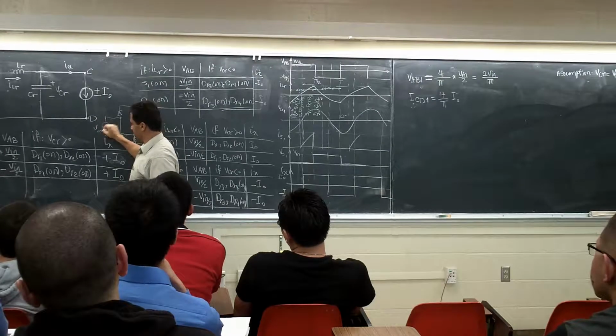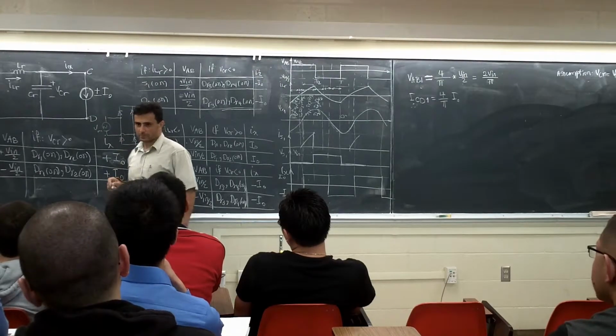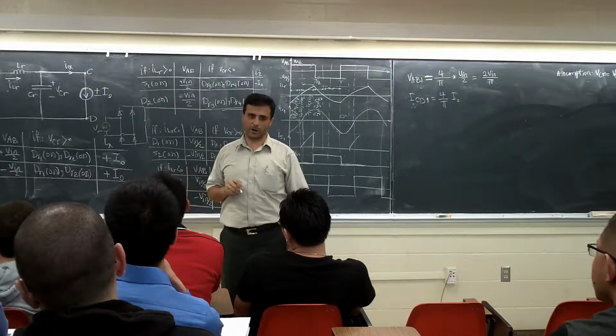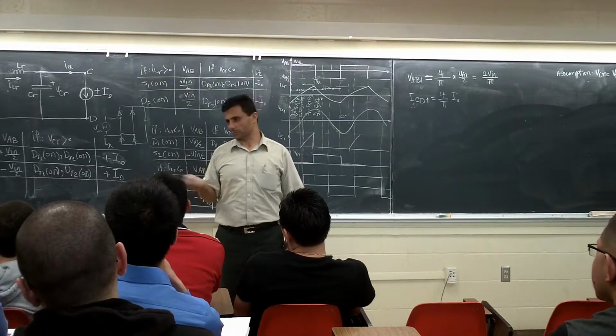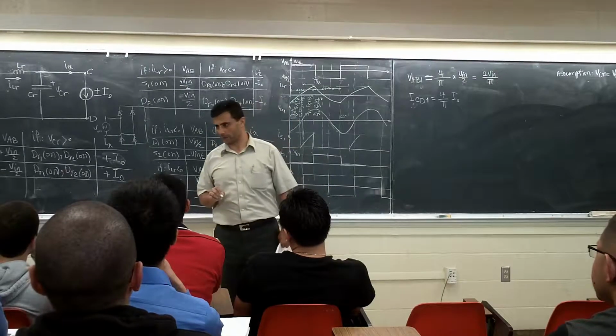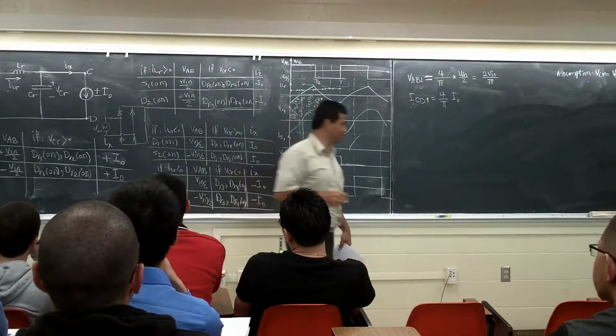If the maximum is Vm, how much was the DC voltage? 2 Vm over pi, right? That was a simple equation. If it was a half wave, it was Vm over pi. For the full wave, it was 2 Vm over pi.